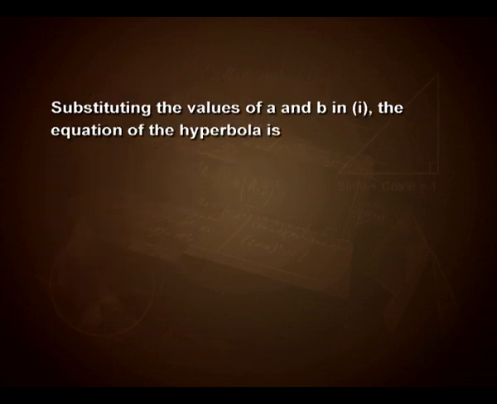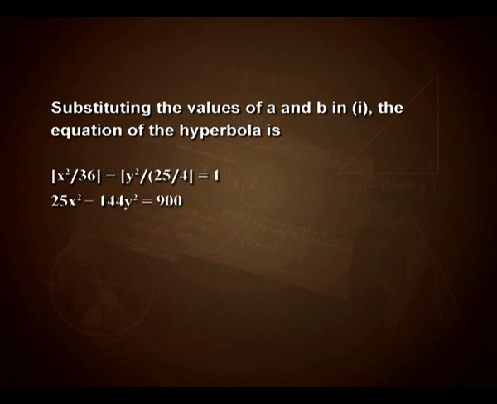Substituting the values of a and b in equation number 1, the equation of the hyperbola is x square upon 36 minus y square upon 25 upon 4 is equal to 1, which gives us 25 x square minus 144 y square is equal to 900.